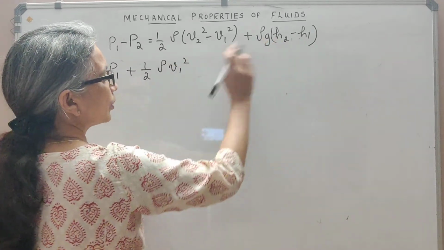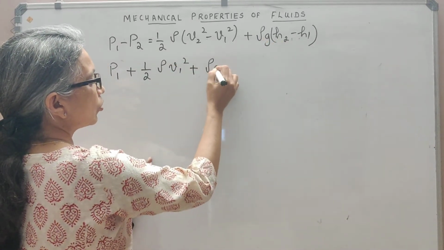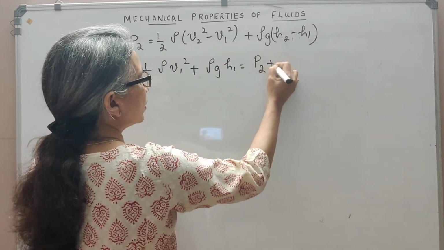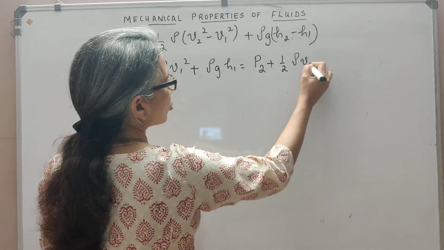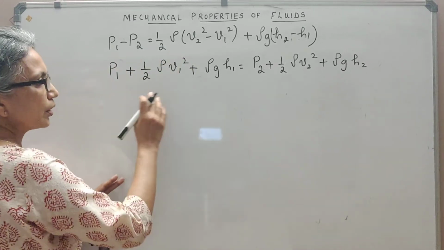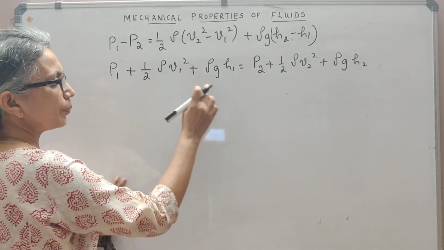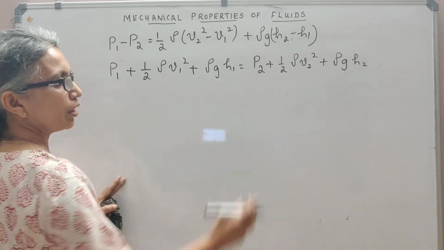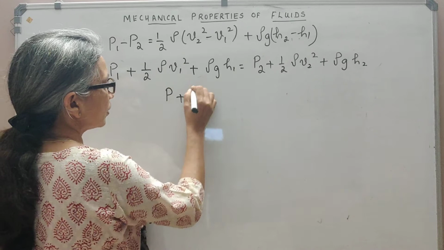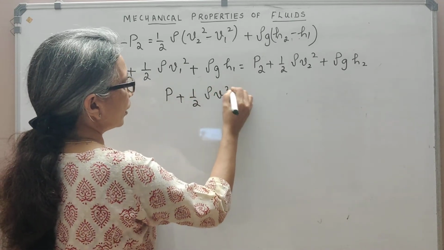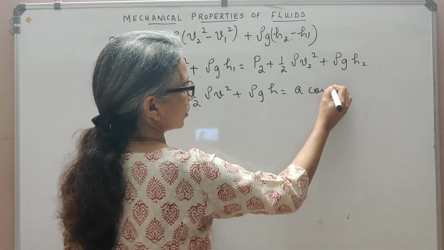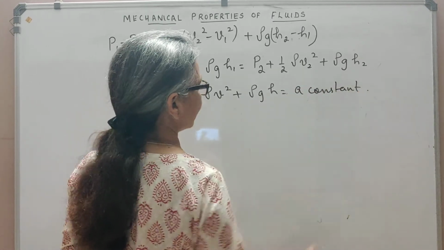When I bring rho g H1 to the left, it becomes plus rho g H1, equal to, I bring P2 to the right, P2 plus half rho V2 square plus rho g H2, which means P1 plus half rho V1 square plus rho g H1 is equal to P2 plus half rho V2 square plus rho g H2, which means I may write P plus half rho V square plus rho g H must remain always a constant. And this is Bernoulli's equation.